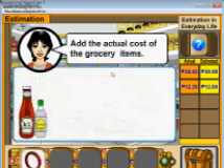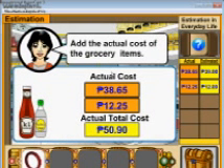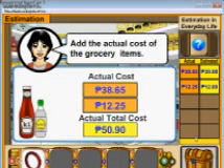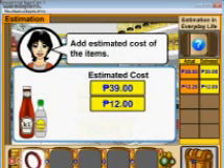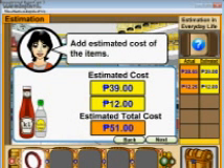Add the actual cost of the grocery items. The actual cost now is 50 pesos and 90 cents, without the rounded off values. So we add the estimated cost of the items. The estimated cost is 39 pesos and 12 pesos, which would be 51 pesos.